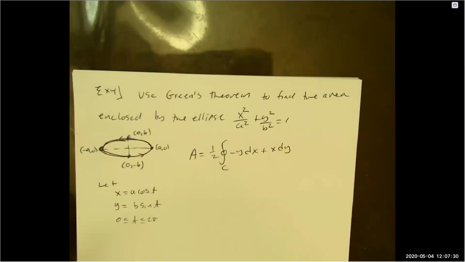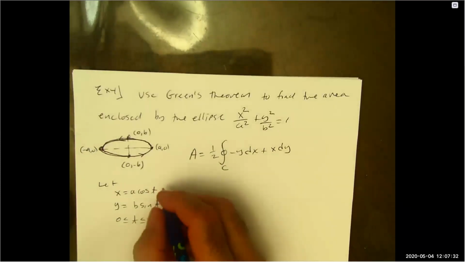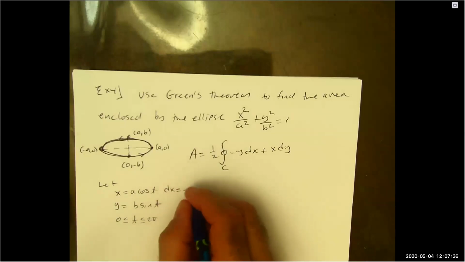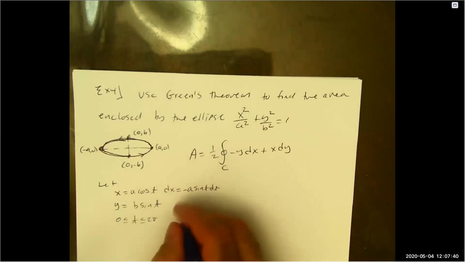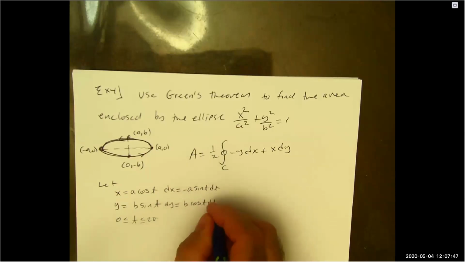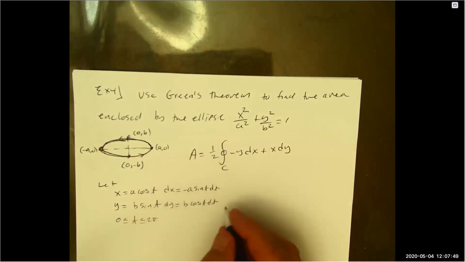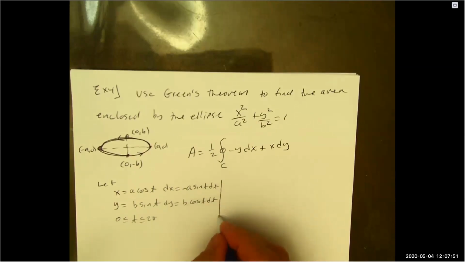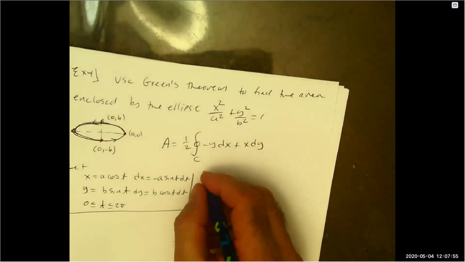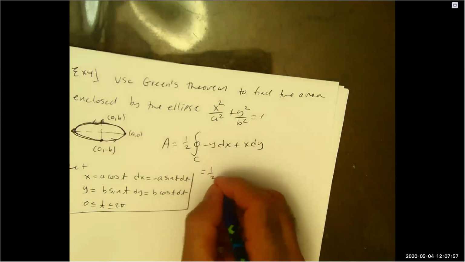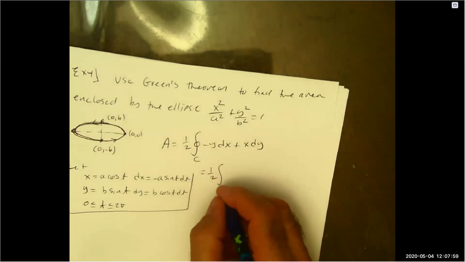So in this case, you're going to have dx equals minus a sine t dt, and then dy would be equal to b cosine t dt. Right? So if I look at my line integral, then this is going to be equal to 1/2 the integral from 0 to 2 pi.